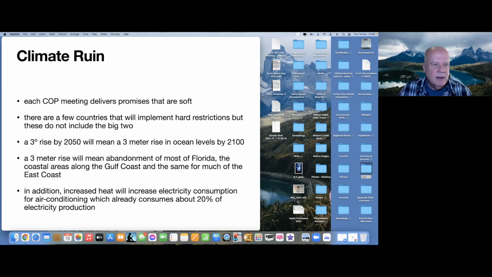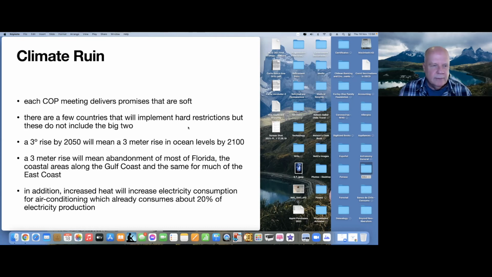So I'm convinced that these things will not remediate the climate change that's coming, and that we'll have that 3 degree rise by 2050. And that will then mean, by the end of the century, a 3-meter rise in ocean levels.